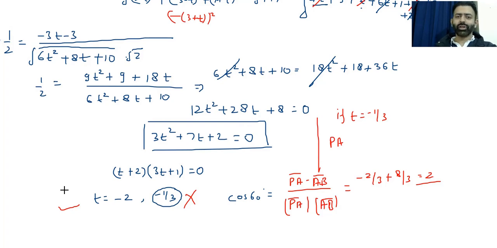Since in the question we have to reject one value, using the condition of this angle cos theta will decide which value will be accepted and which will be rejected.